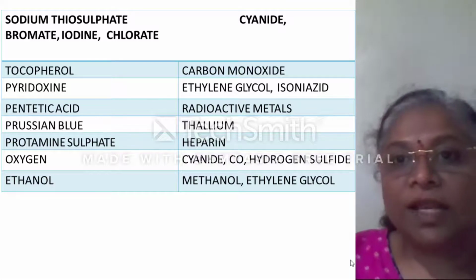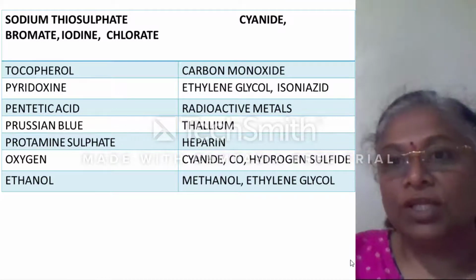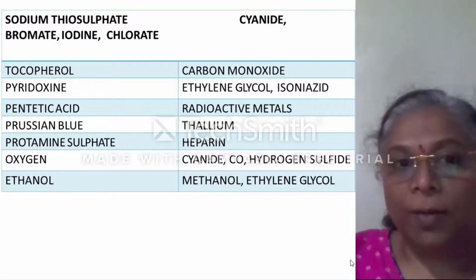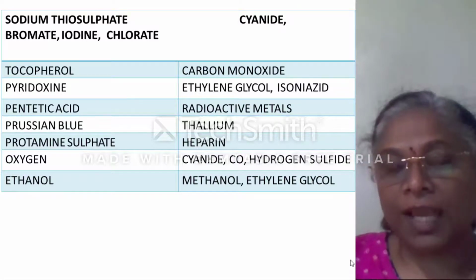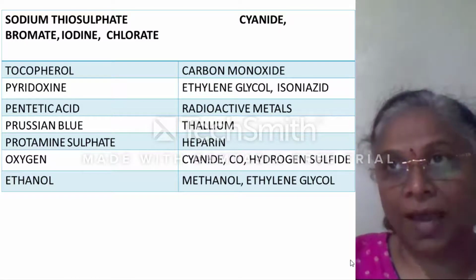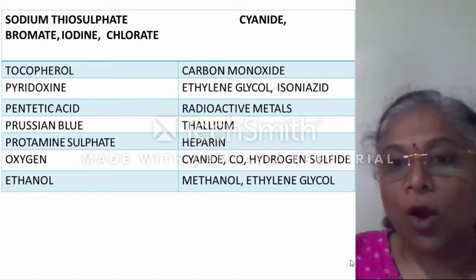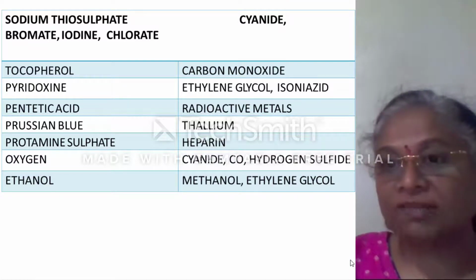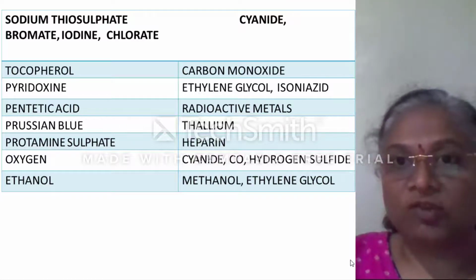Then there are some more: tocopherol for carbon monoxide, pyridoxine for ethylene glycol, then pentetic acid for radioactive metals, Prussian blue for thallium, protamine sulfate for heparin, which we already learned in theory, oxygen for cyanide, carbon monoxide, hydrogen sulfide, and ethanol, as I already explained, for methanol poisoning or ethylene glycol poisoning.